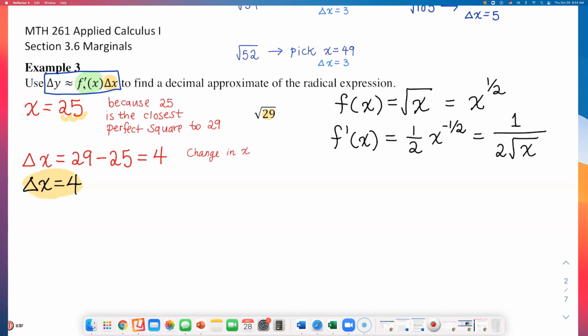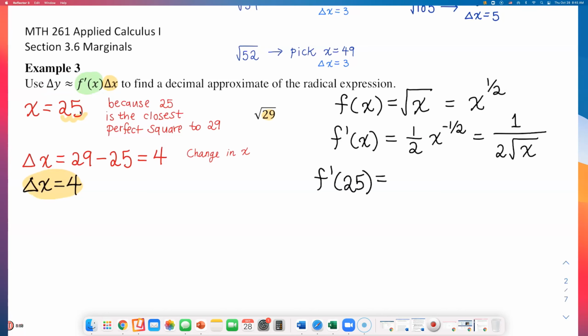But now I'm trying to find that green piece. What is f prime of x when x is equal to 25? I'm going to plug in 25 in here. What is f prime of 25? Because we picked x to be 25. I'm trying to use this formula to figure out what delta y is.